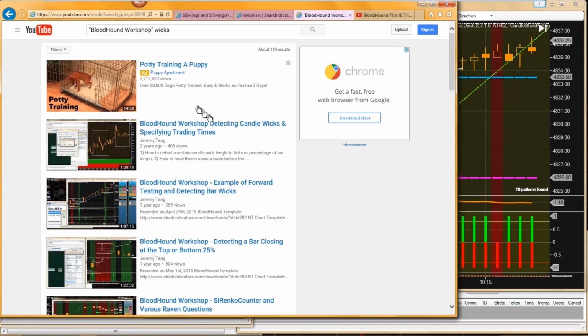So here we go, detecting candle wicks and specifying trade time. So that's going to be using the bar prices to look at various candle wick metrics, I guess you could say.